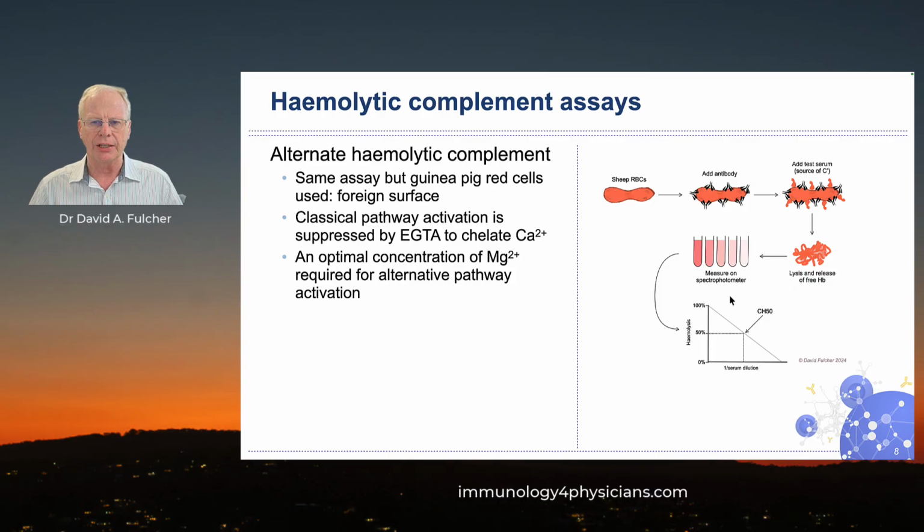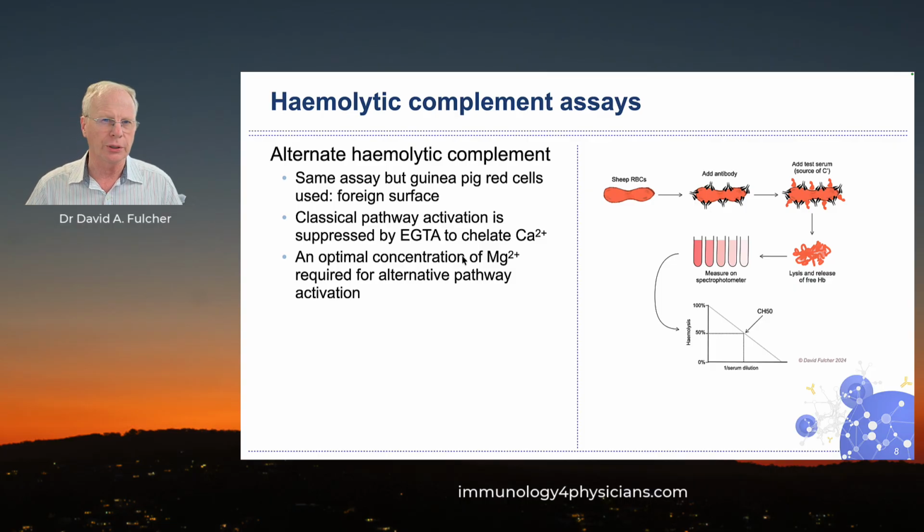You can ignore this slide a little bit, because basically you don't use sensitized red cells, you use guinea pig red cells. You remember that the alternate pathway is activated by a foreign surface, and it turns out that guinea pig red cells are a very good foreign surface to use in this circumstance.